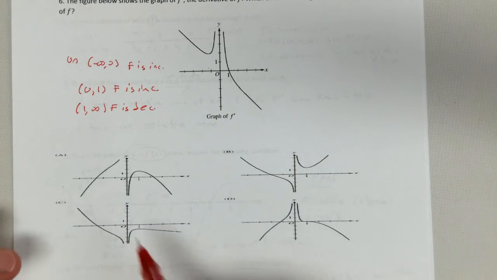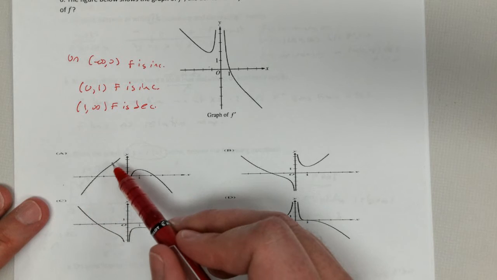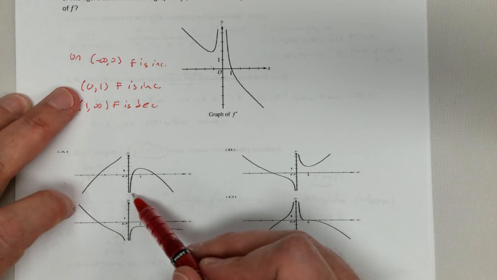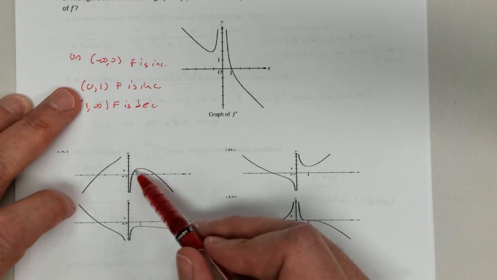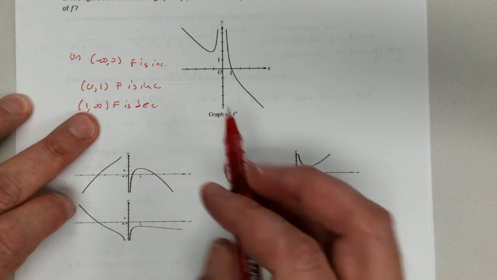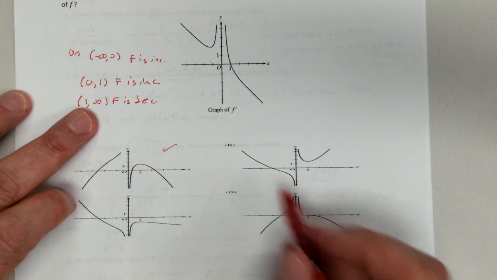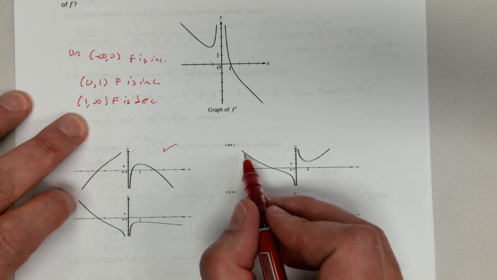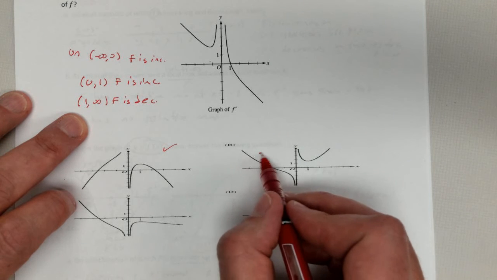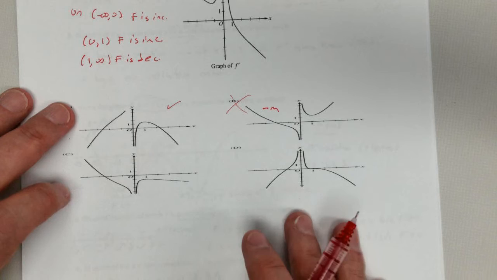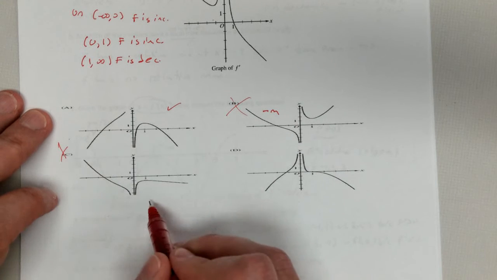So I can look at those here. Ready? Here, it's increasing. Between 0 and 1, also increasing. And then decreasing at 1. So this is a possibility. Take a look at B. Between negative infinity and 0, this is decreasing. That's a negative slope. That can't be right. Likewise, C is going to be the same issue.